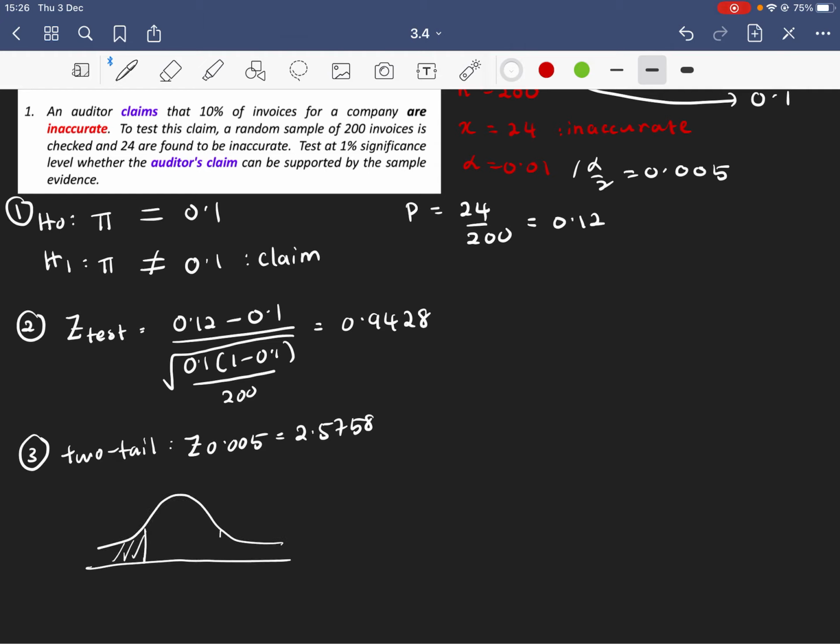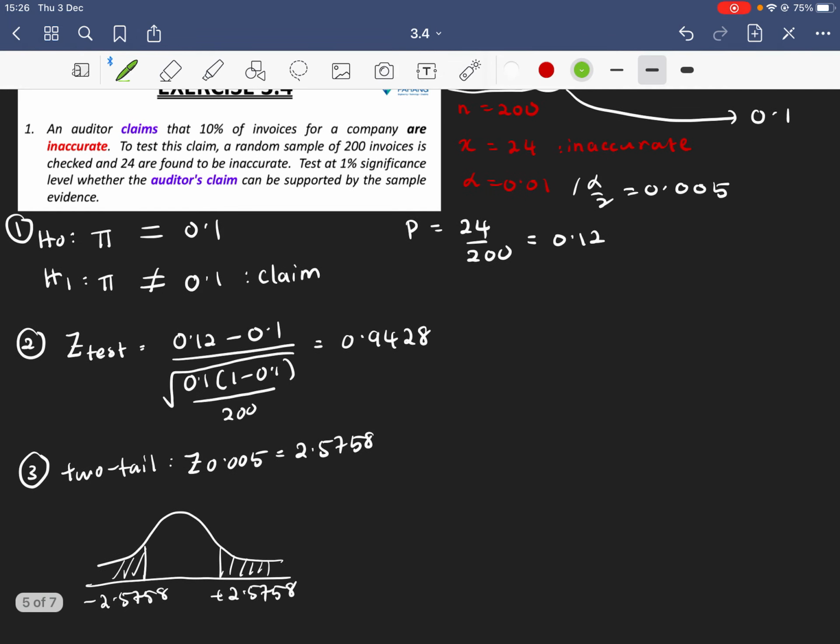Two shaded regions because of two tail, negative 2.5758 and positive 2.5758. Where is your Z test, 0.9428, located? It is located at the center, in between. So you have to accept H null.